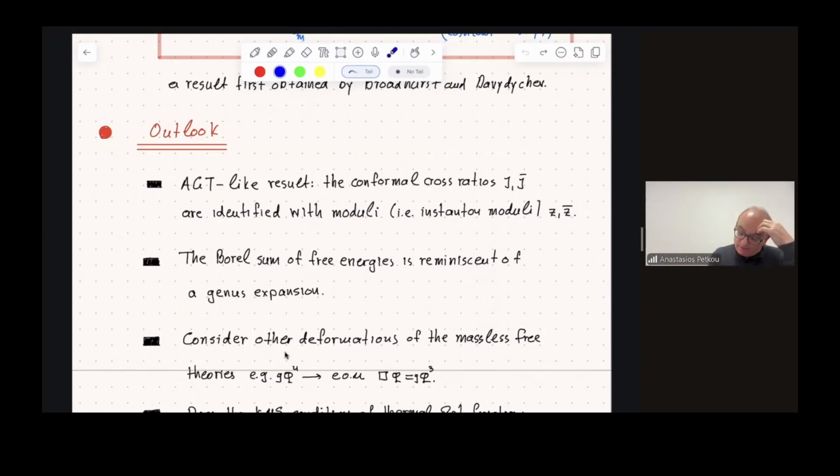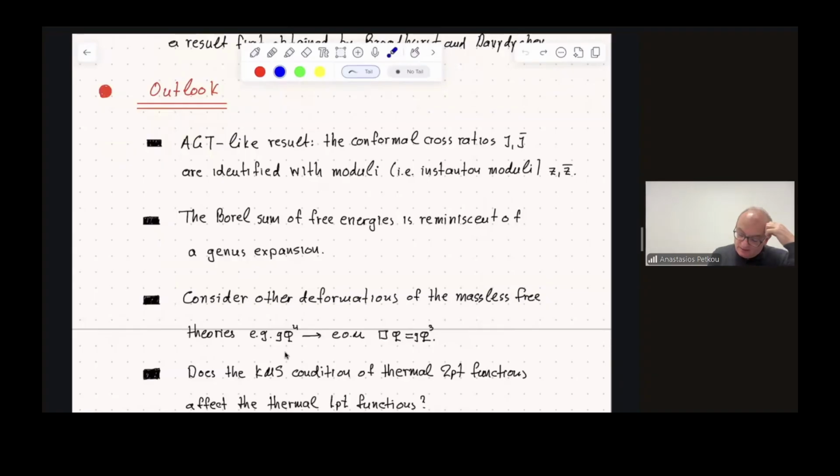So the conformal cross ratios z and z bar of the 2-dimensional conformal blocks, which are used to build 4-point functions, are related to moduli of instantons in 4 dimensions. I strongly think that this is very similar to what we are doing, but we don't have supersymmetry or any other mathematical language to confirm that, but this is what happens here.